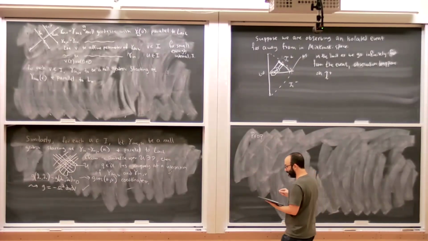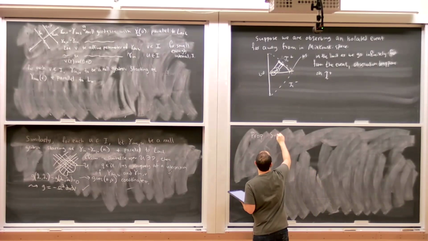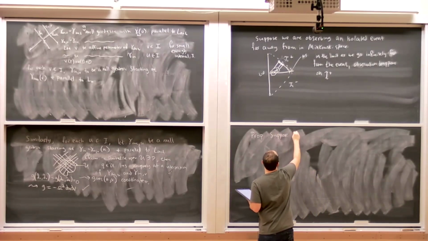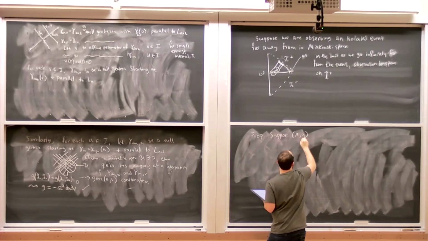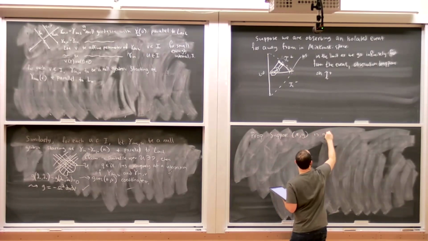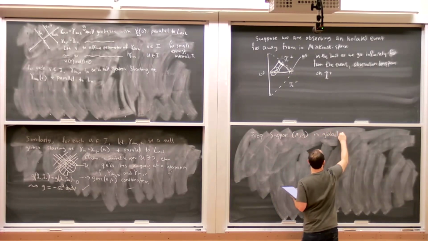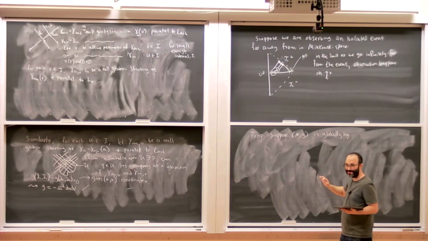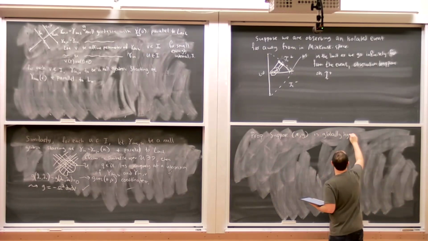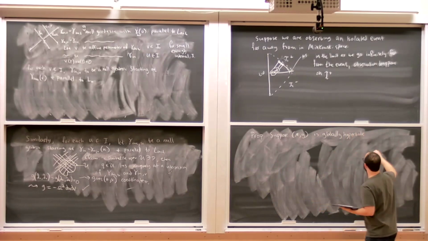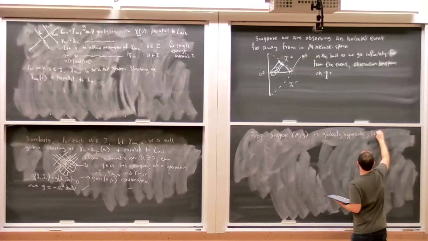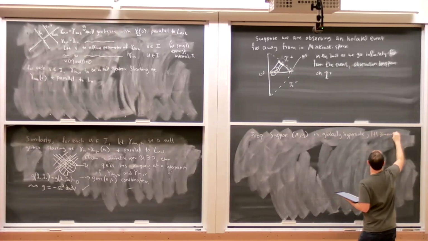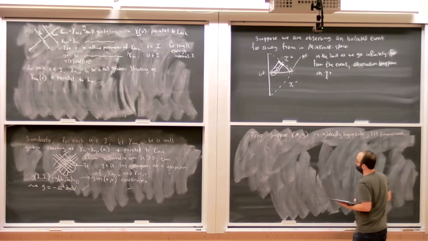Suppose M, g is globally hyperbolic. Here the self-contained aspect of the lecture breaks down a bit, because I introduced this before. Suppose this is 1 plus 1 dimensional, globally hyperbolic, and simply connected.